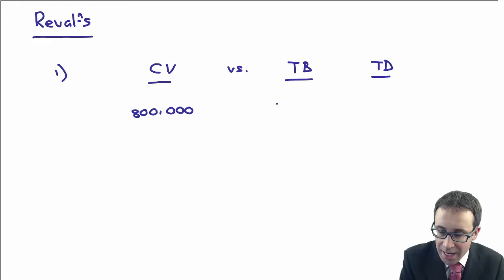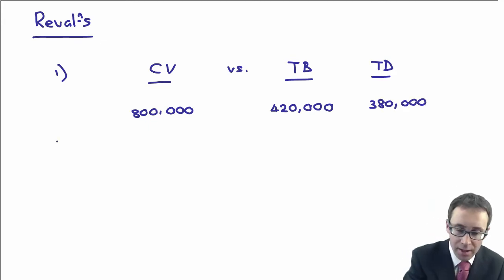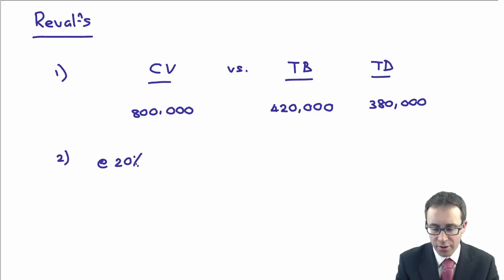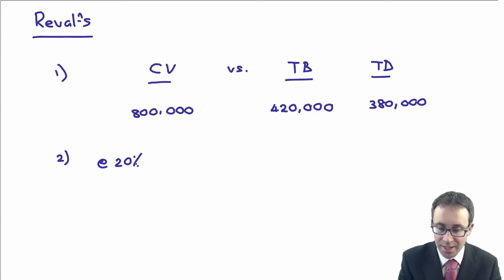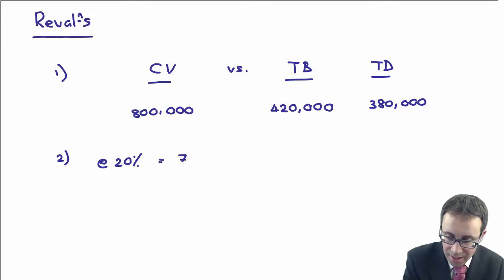The tax base, if memory serves me right, was 420. So that gives me a temporary difference of 380,000. Step two, we're going to tax that at 20%. 380 times 20% is 76,000.